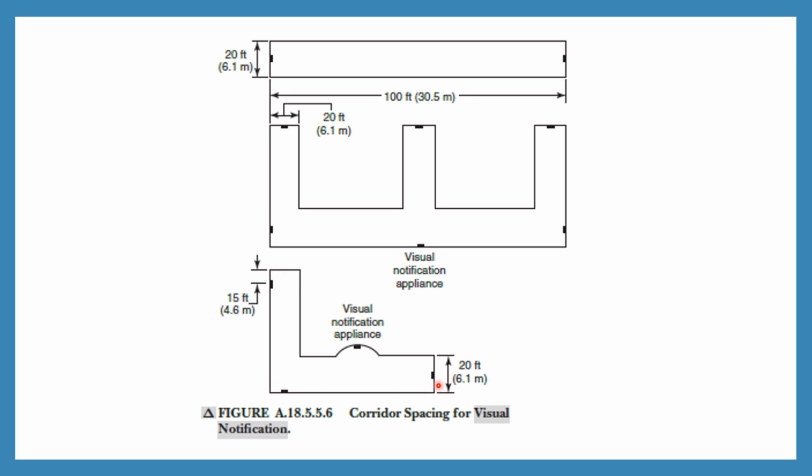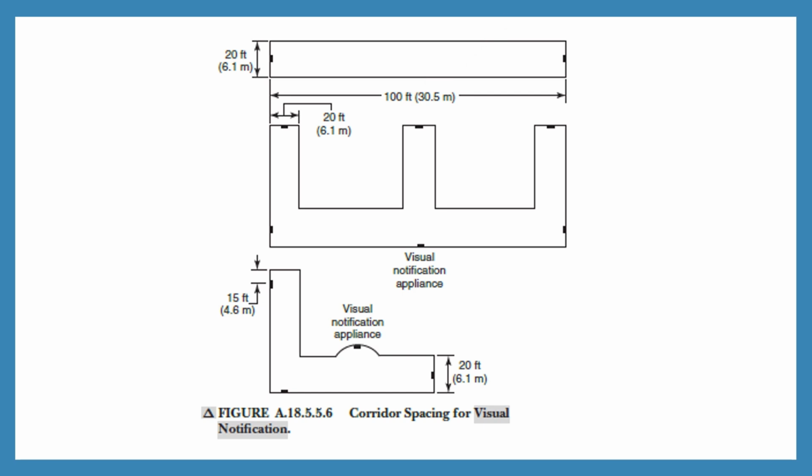So if you look at this particular figure, you can understand the strobes have been installed less than 15 feet from the end of the corridors or exits. So if we have a big straight corridor, then you need to place the strobes. What will be the maximum distance you can maintain? It is 100 feet as per NFPA 72.